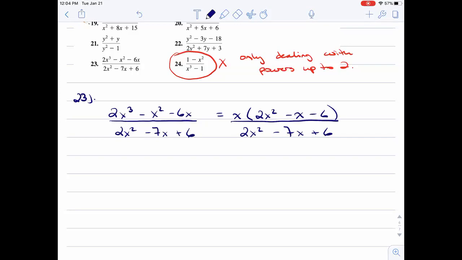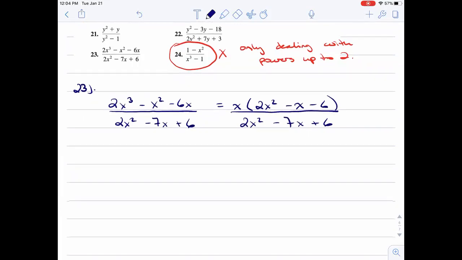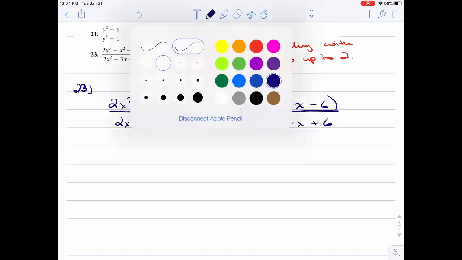So now I'm dealing with a quadratic and a quadratic, which means that I can factor these if I just use the quadratic formula.